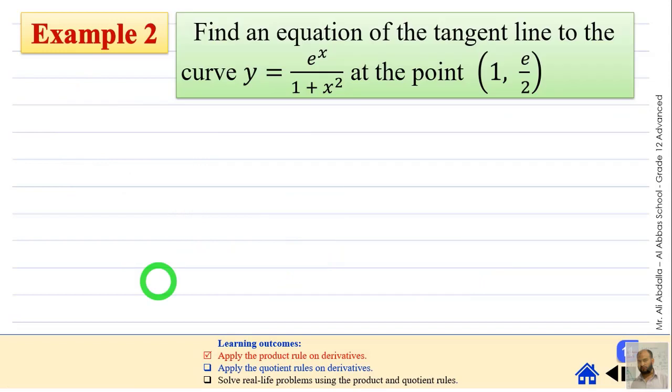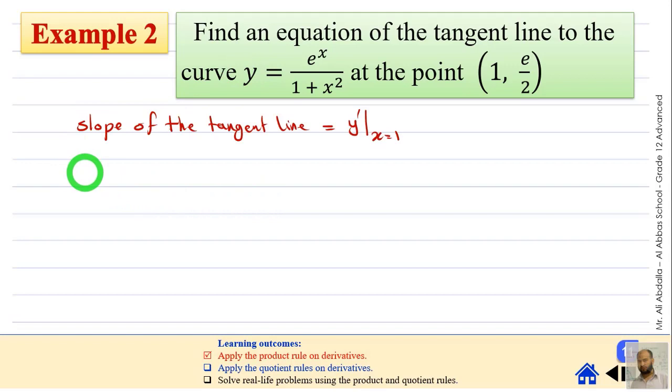Another example: find an equation of the tangent line to the curve y equals e to the power x over 1 plus x to the power 2 at the point 1, e over 2. To find the equation of the tangent line, we must have the slope and the point. We have here a point, but we don't have a slope. But we can find the slope by taking the derivative of y. Then we need to find y'.